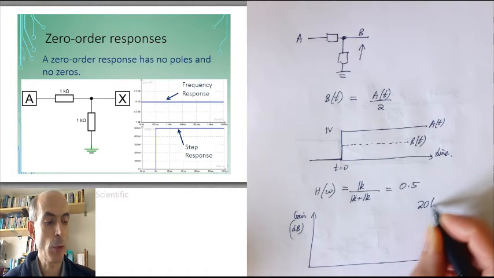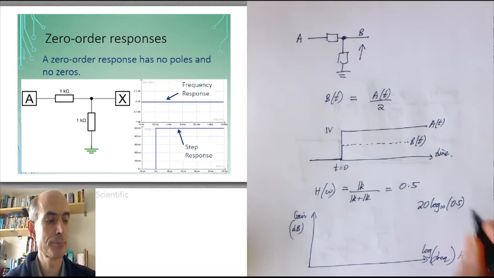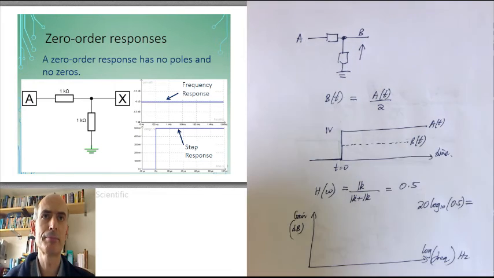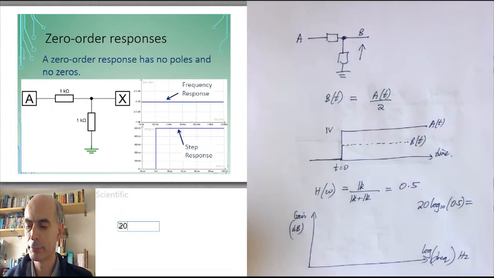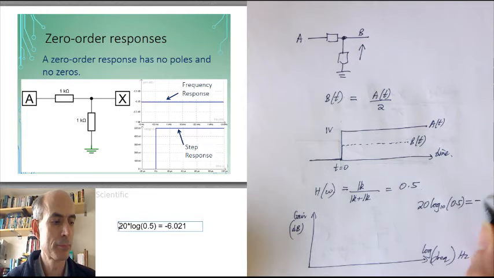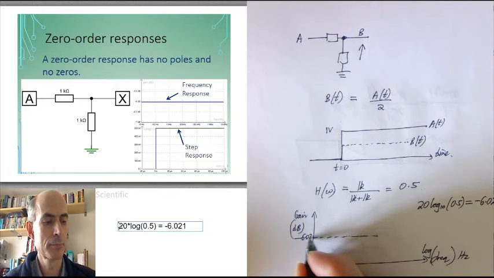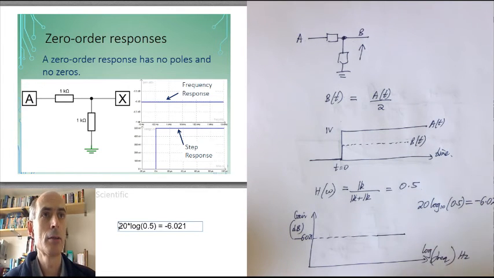Well, that's just 20 times log base 10 of 0.5, which is minus 6.021 dB. So that would be our frequency response of this network.